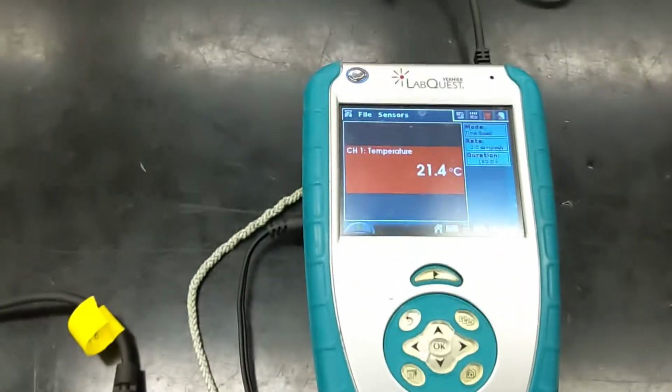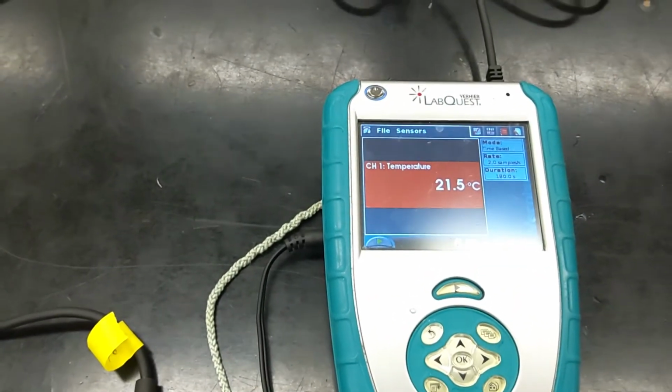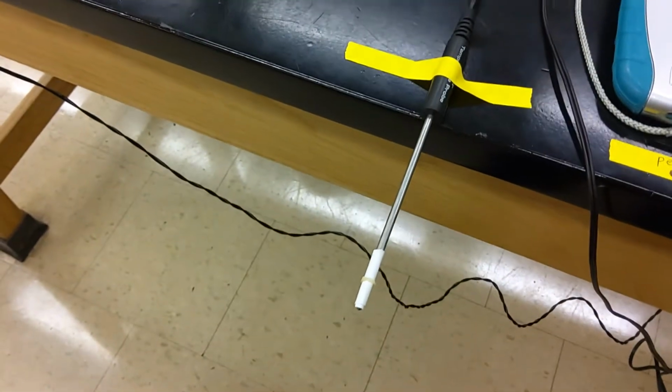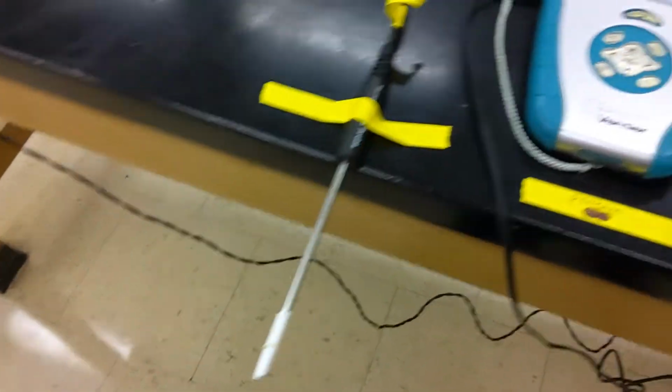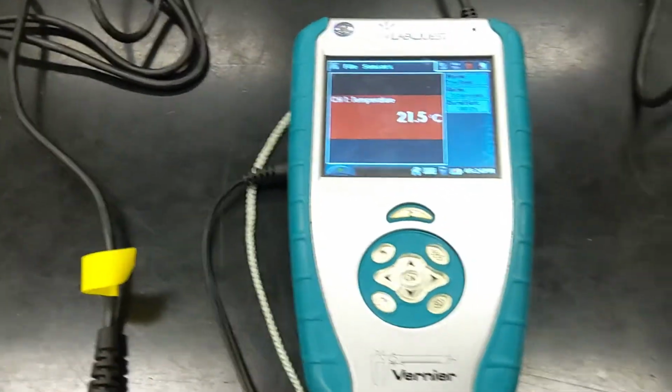It's hooked up to this device, and you can see that it's recording temperature. The temperature for that probe is 21.5 degrees. I have three similar setups here. Again, there's the probe with the filter paper attached with the rubber band. The temperature it's recording right now is 21.5 degrees Celsius.